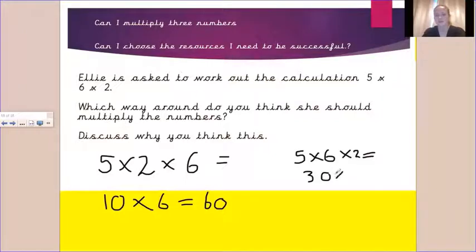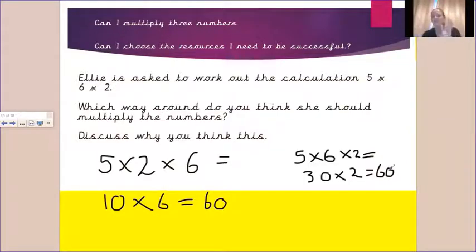And if I times that by 2, it gives me 60. You can see that the answers are the same. I've just moved around my numbers so that with the associative law, it says that they will give you the same answer. And the question said why you think this. I mean, sorry.